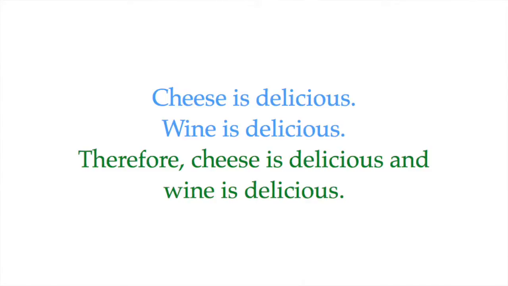Well, your second premise says that wine is delicious, so if it's true, the only way for the conclusion to be false is if cheese is not delicious. But your first premise says that cheese is delicious, and so that premise has to be false. Okay, the only way for the conclusion to be false is for one of the premises to be false. So this, again, is a very obviously valid argument.